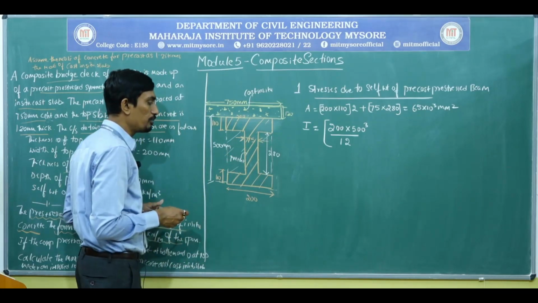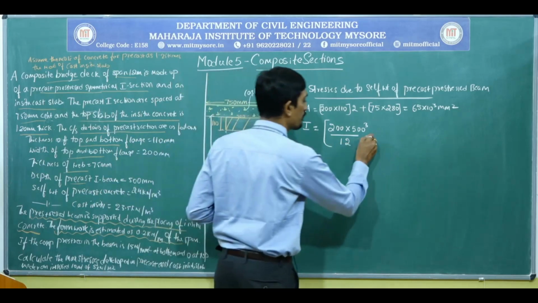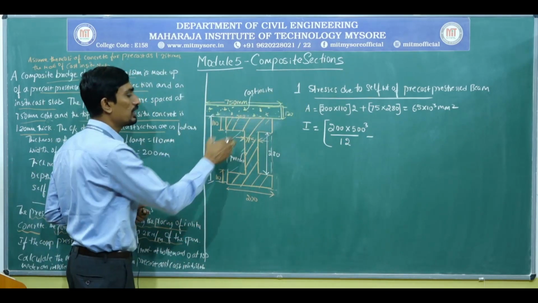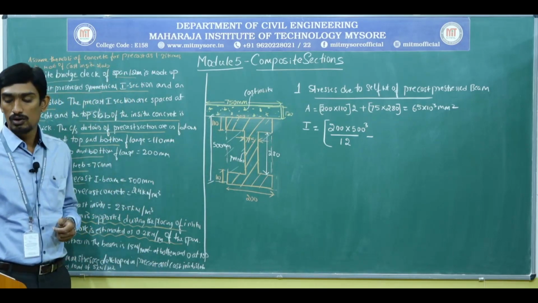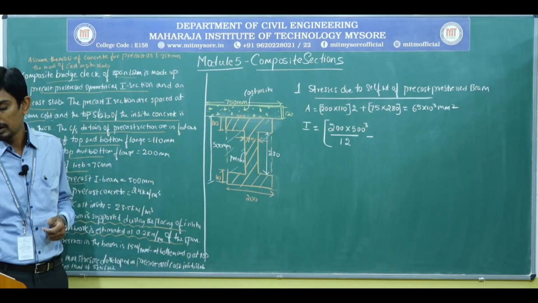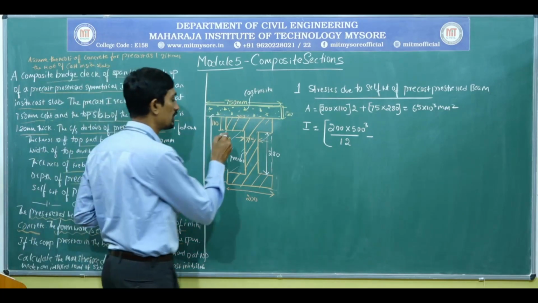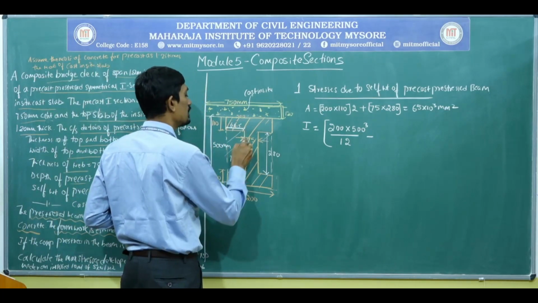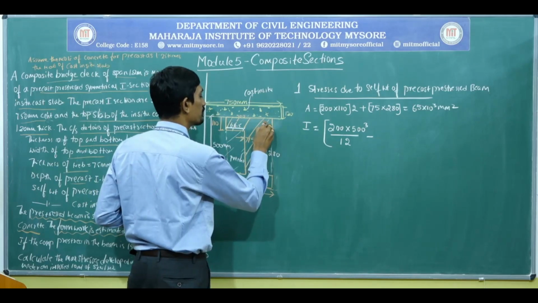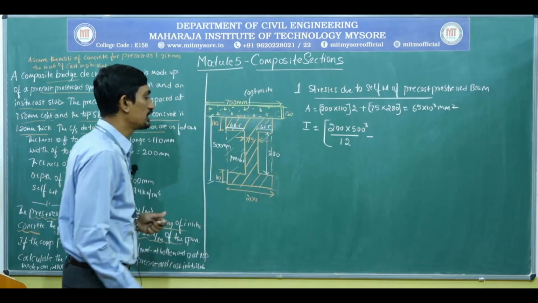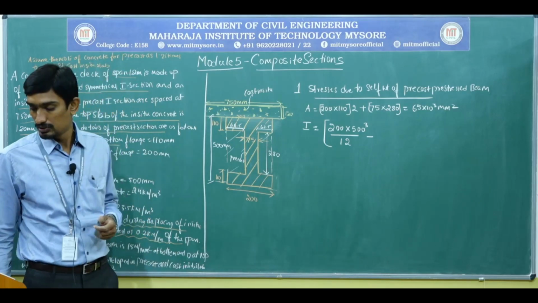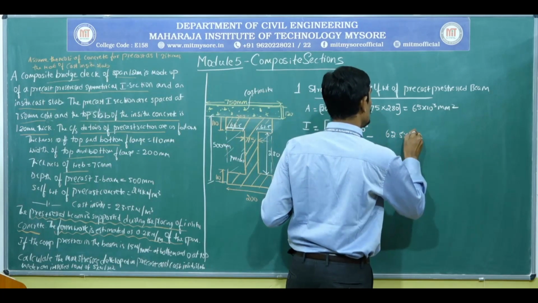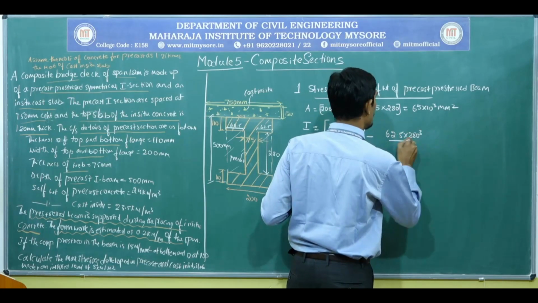Now BD cube by 12 minus, what will be the dimension of this? 200 minus 75, divided by 2, so that will be 62.5. So 62.5 into 280 cube by 12.